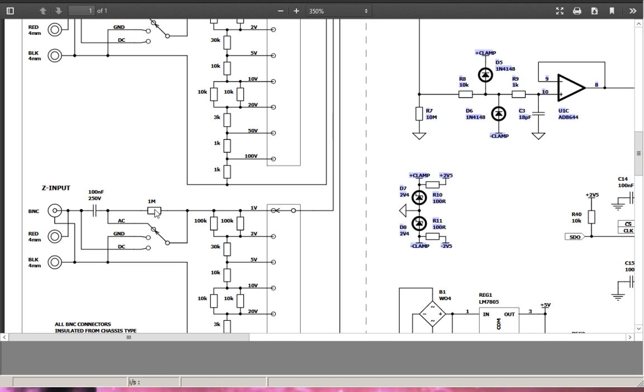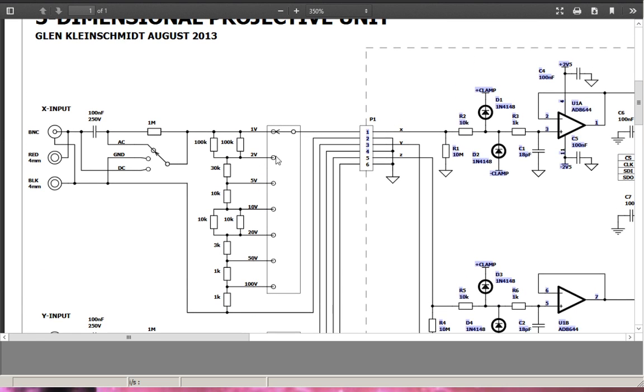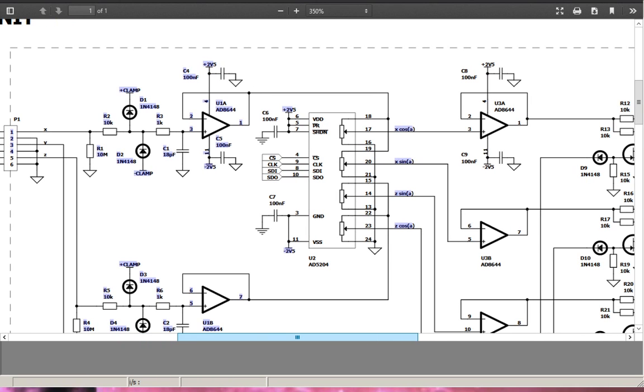One megohm resistance, 100 nanofarads. This is strange.